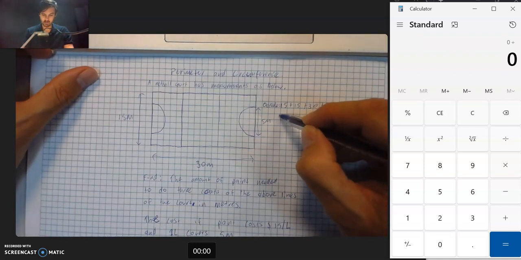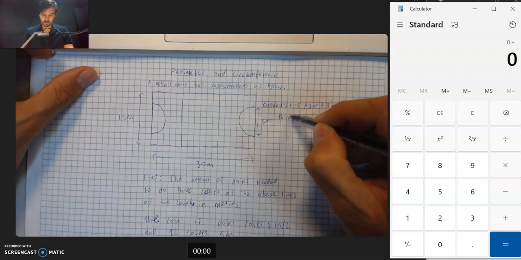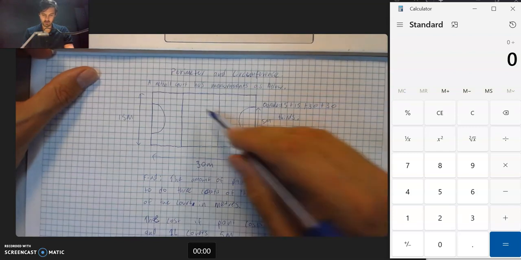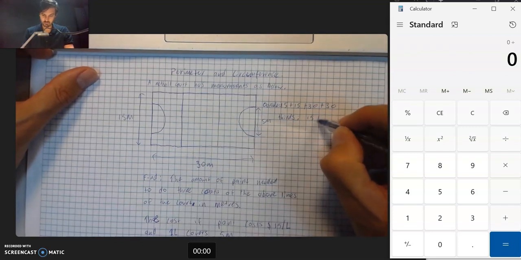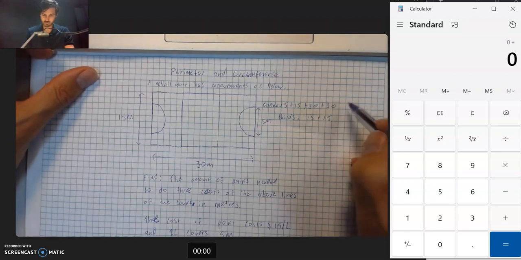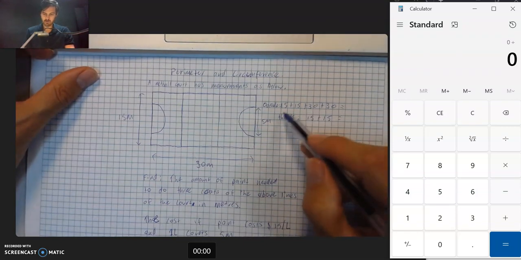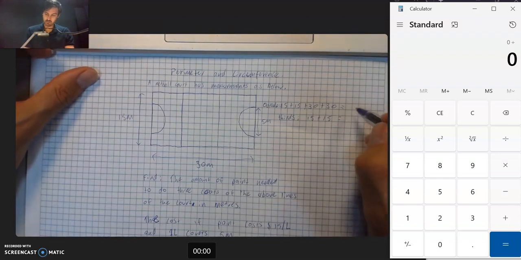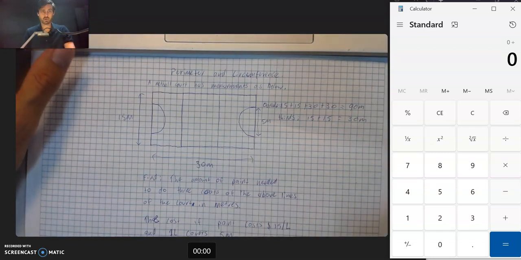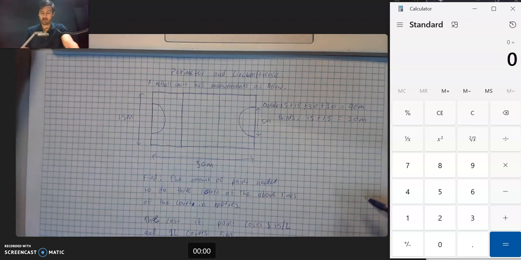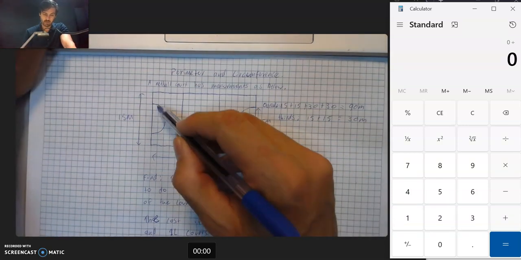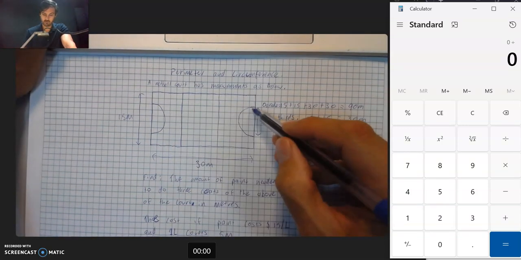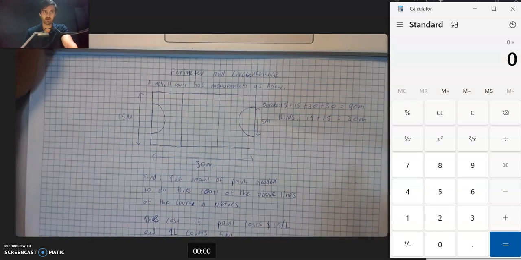Let's call this the thirds. So that's going to be 15 plus 15, which is 30, plus 30 is 60, plus 30 is 90 meters. So we've got 120 so far, but we need to figure out these 2 semicircles here.